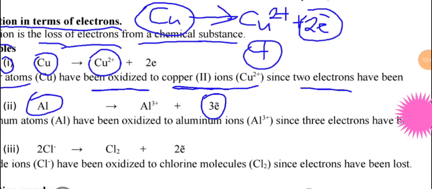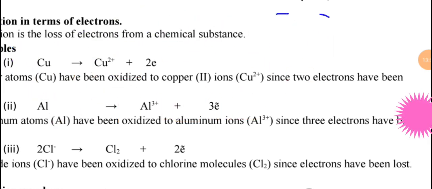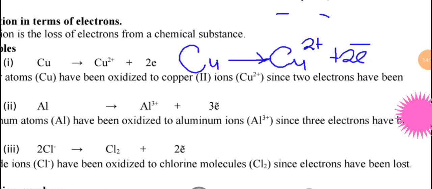You can see that from the examples, we have copper, and immediately from copper we have an arrow, and there we have copper 2 ions plus 2 electrons. Okay?